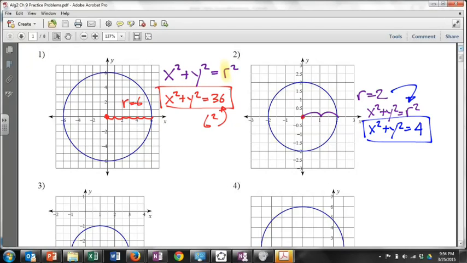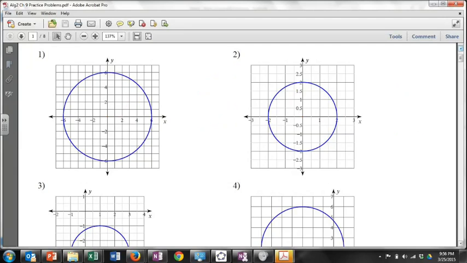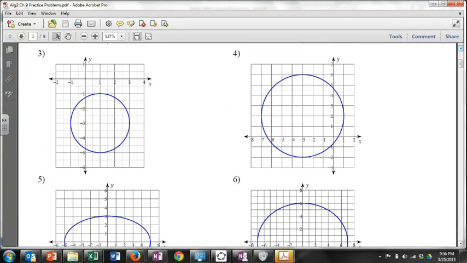Okay, let's go to the next one. In the next one here, it's slightly different because the circle is not centered at the origin; it's at a different place. Let's find the coordinates for this. The center of this circle is 1, -3. The radius in this case is 1, 2.